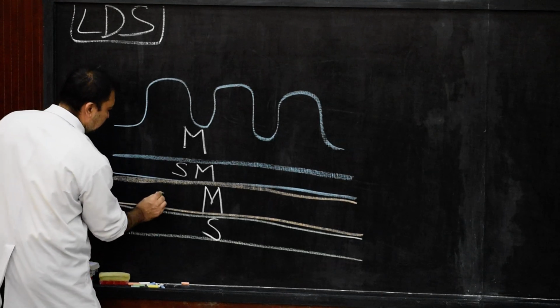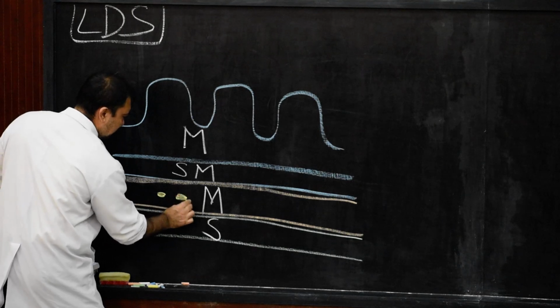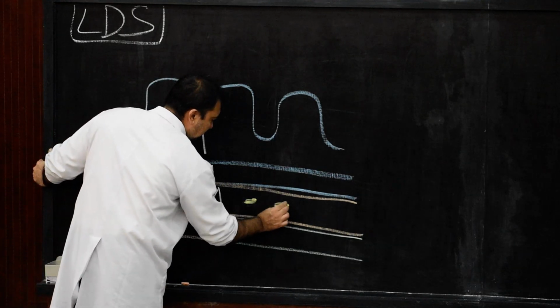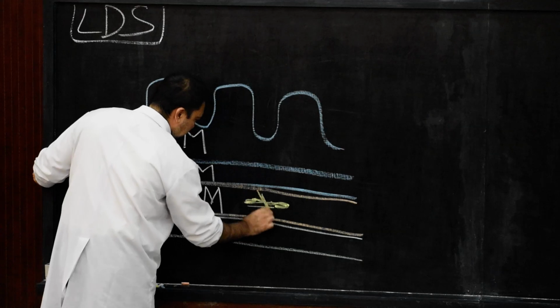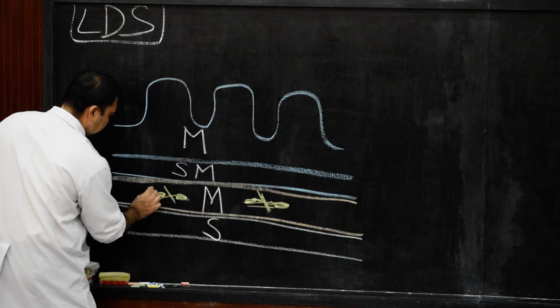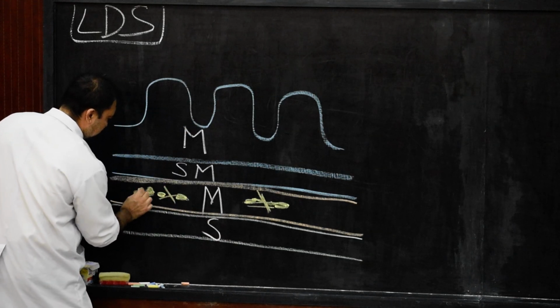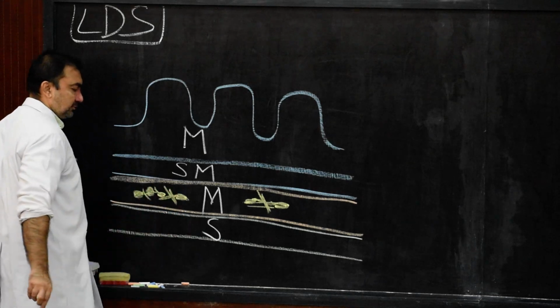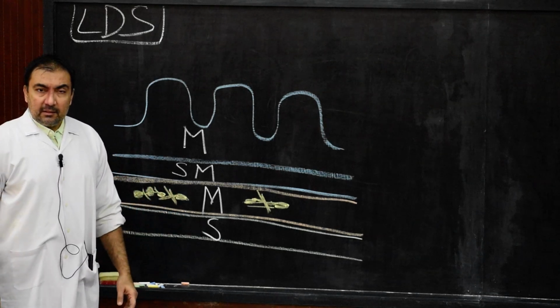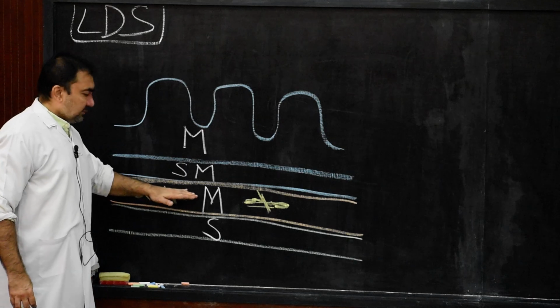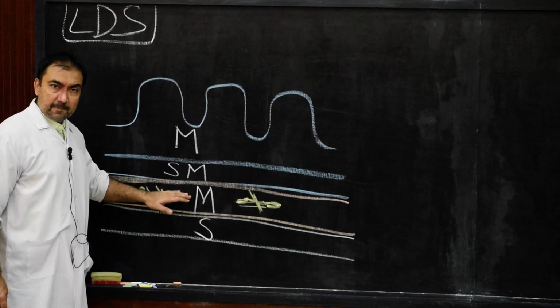This is the muscular part. So this is the intramuscular lymphatic plexus. So intramuscular, this is what we have drawn. Now this is located in the muscular layer, so it is called intramuscular.